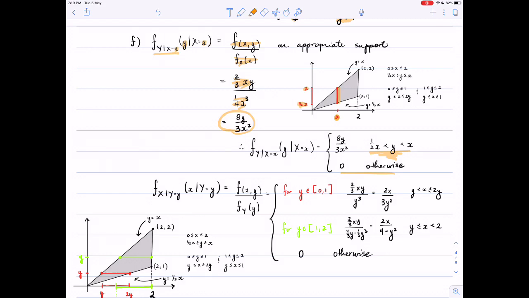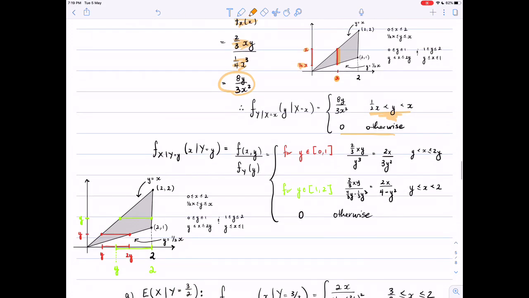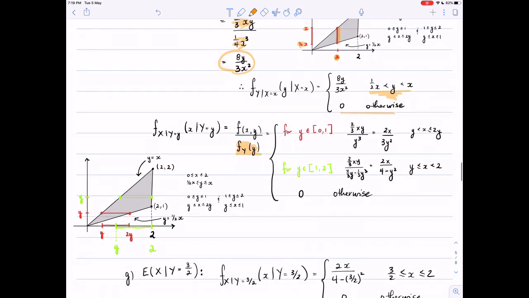Now flip it around. We had that difficult marginal density when we first did this. We had to split it up into 2 regions, right? We had to split it up right here, and so we have to do the same thing. We're applying the definition, the joint density divided by the marginal density. When y is between 0 and 1, our marginal density was y cubed. When y was between 1 and 2, our marginal density was this function.